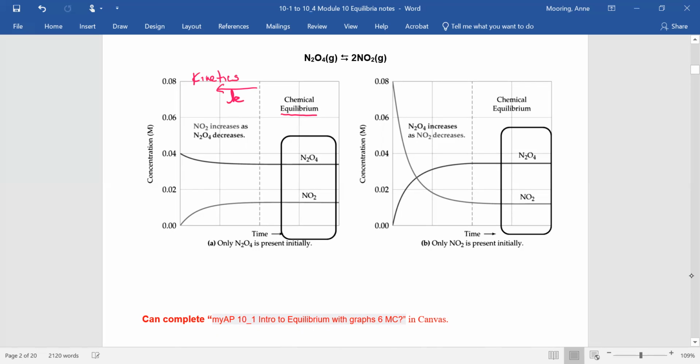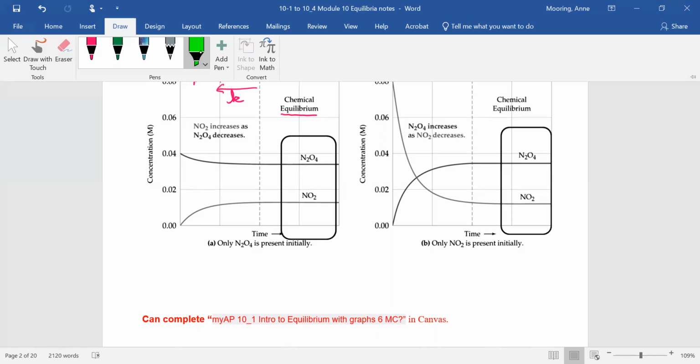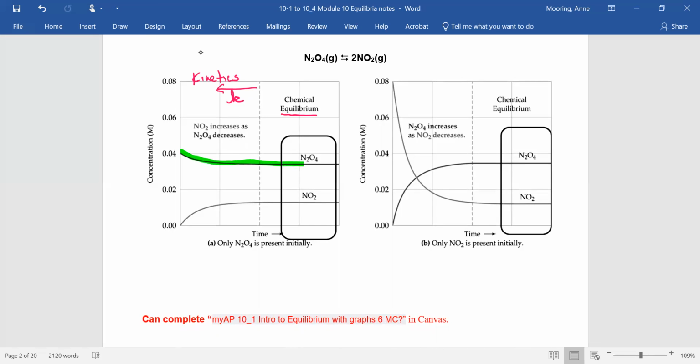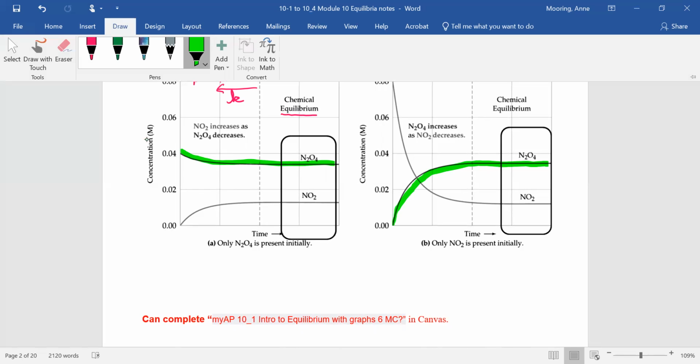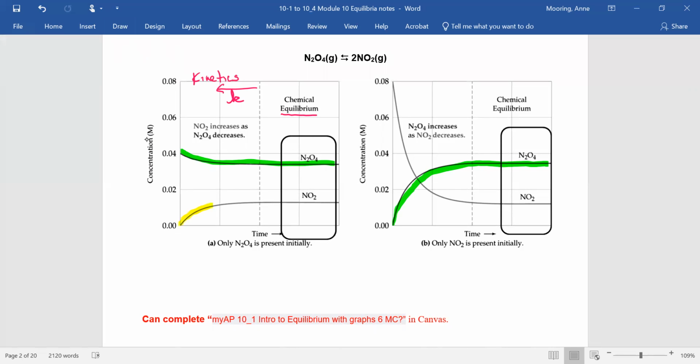If we are tracking what is going on with the N2O4, let's color code these so that you can clearly see what's going on. We have N2O4, and now I'm going to highlight N2O4 in the other graph. And then we're going to use a different color also for NO2, nitrogen dioxide.